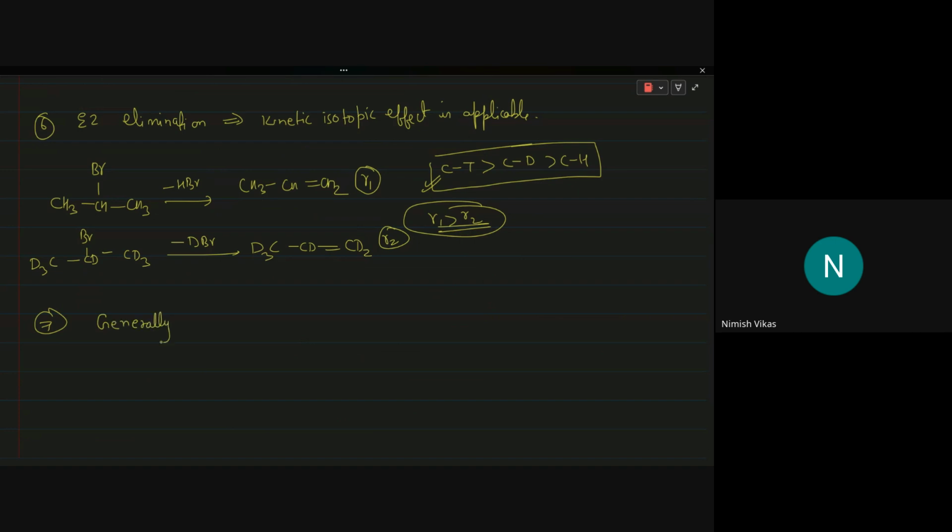Generally in E2 elimination, the Zaitsev product is the major product, but under the following conditions, the Hofmann product becomes the major product.